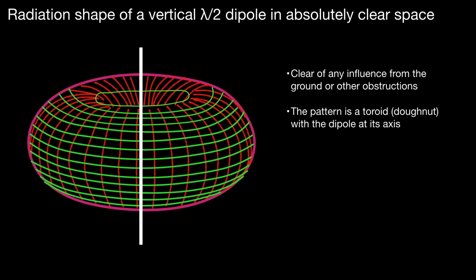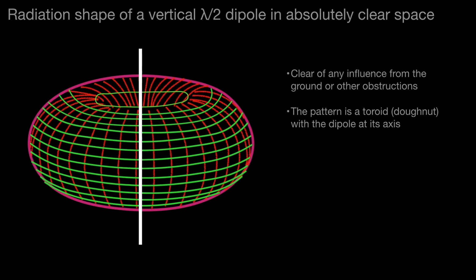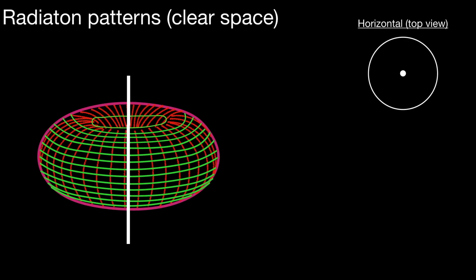Now we can draw this graphically to show what it would look like if we take the top view. If you look down on a donut, you'll basically see a circle. So there is the polar diagram, or the radiation pattern, of a vertical half-wave dipole looking from the top.